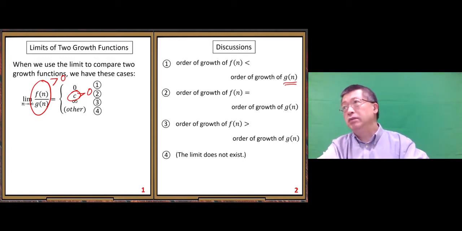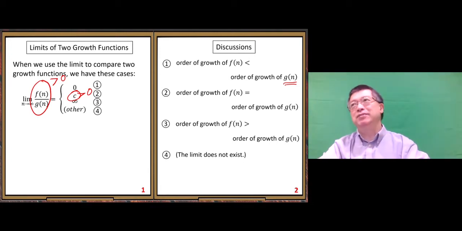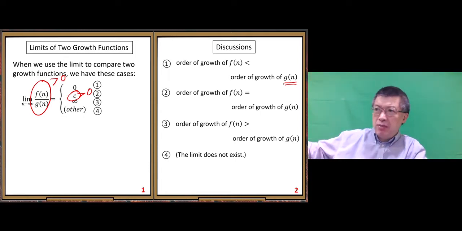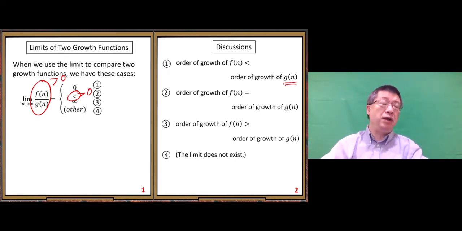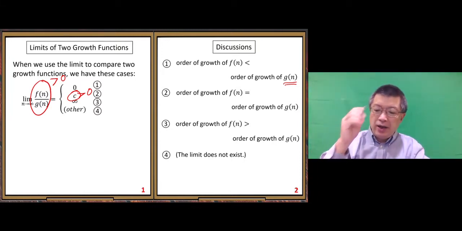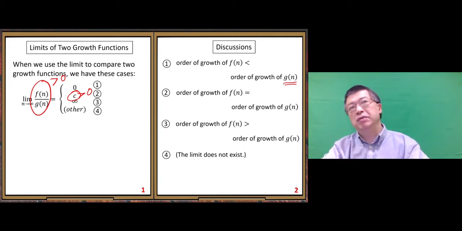That could happen, right? Some students may not see how it can be possible that the limit does not exist. Someone may ask a question like this. Let me give you a simple example.